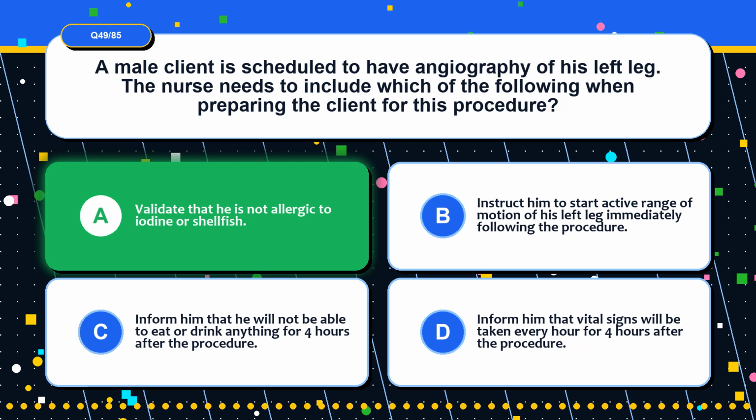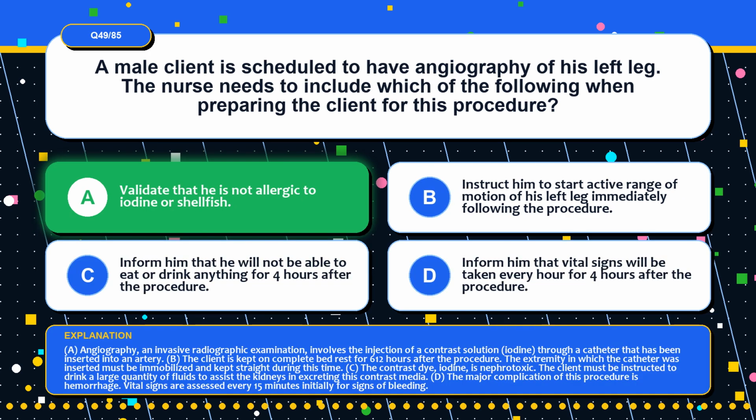The correct answer is option A. Validate that he is not allergic to iodine or shellfish. A. Angiography, an invasive radiographic examination, involves the injection of a contrast solution (iodine) through a catheter that has been inserted into an artery. B. The client is kept on complete bed rest for 6 to 12 hours after the procedure.